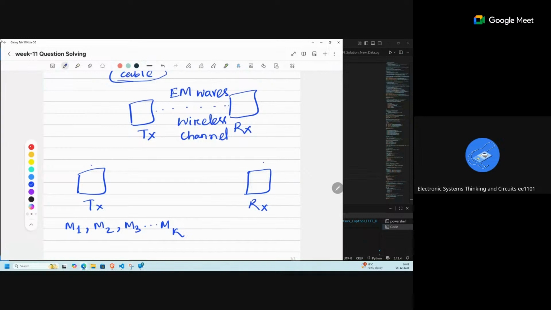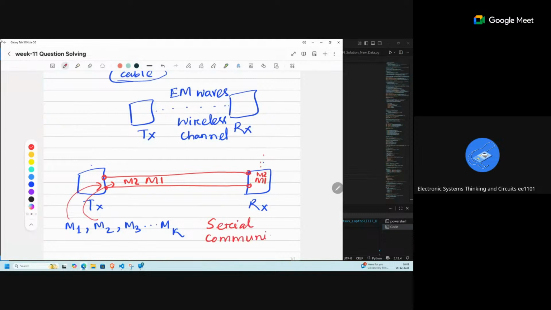I can go for multiple channels or the same channel. If I'm taking the same channel, meaning a single channel between this transmitter and receiver, then I have to send the messages one by one. First, message one will be transmitted. When message one is received here, then message two will go. Then message two will be received like this. It will go on. This is known as serial communication.